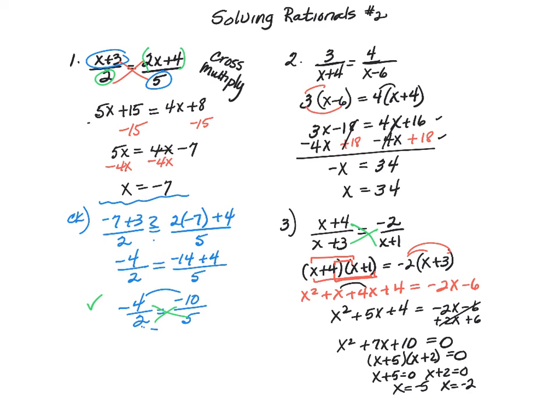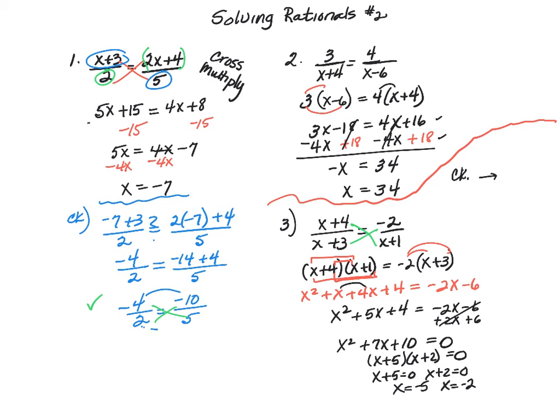The problem here is you absolutely positively, every time you do these, must do a check. So we're going to create a little space over here to come and check and just make sure both of these answers work. So this will be my check right here.